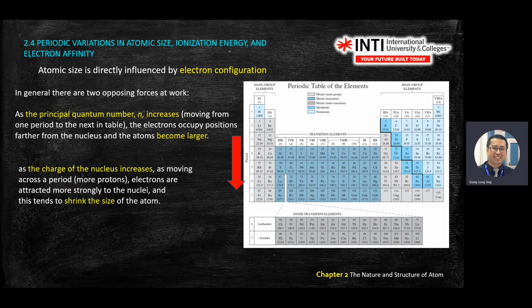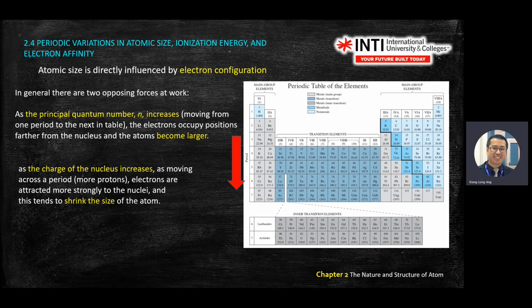The charge of the nucleus increases as you move across. So you move down, the size becomes bigger and bigger. If you move across, it means the more charges it has. So this one positive, one electron, two electrons, and so on. If you move towards this side, you have more and more electrons outside, and the size becomes smaller and smaller.